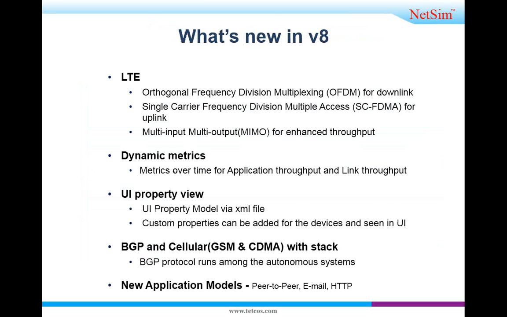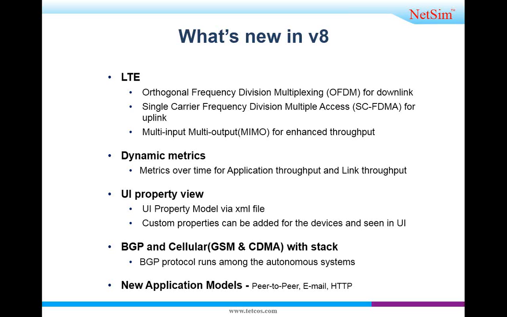Now, what's new in V8? In the latest version of NetSim, we have added some features. In LTE, we have added OFDM for downlink, SC-FDMA for uplink, and MIMO for enhanced throughput. In dynamic metrics, we have given graph metrics of application throughput and link throughput.